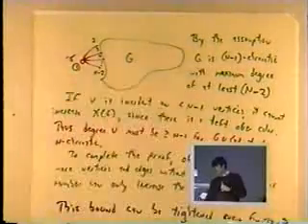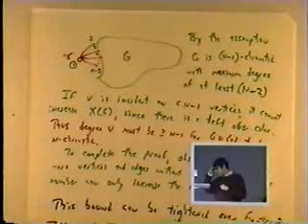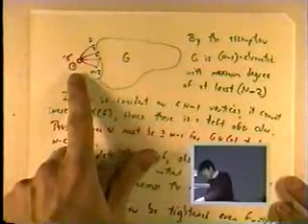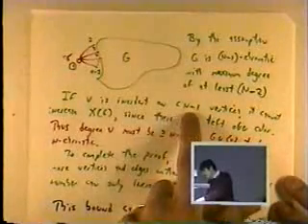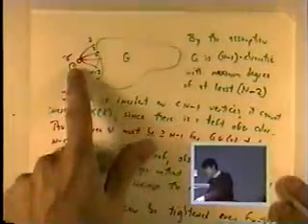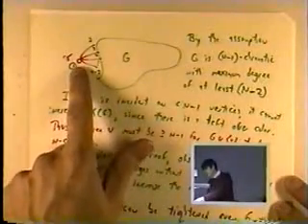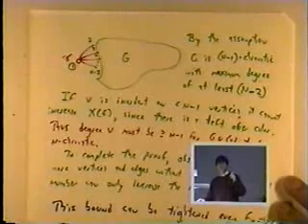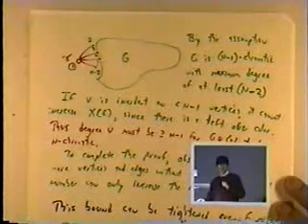If we now want to take a look at this vertex and see if it's colorable with n colors, notice that if this vertex was adjacent to less than n minus 1 vertices, we can color this vertex in such a way that the number of colors does not increase. Correct?